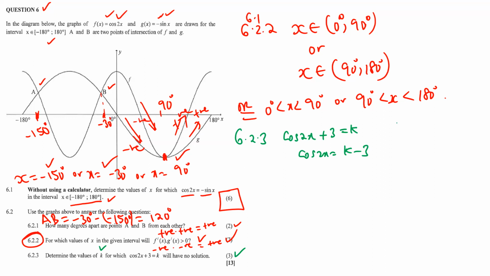We know generally in mathematics that cosine 2x, or just cosine x, lies between minus 1 and 1. So minus 1 less than cosine 2x less than 1.